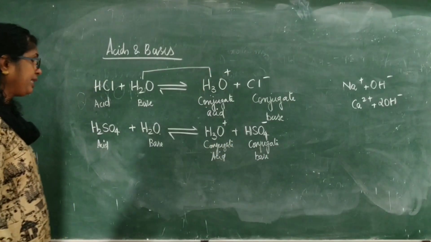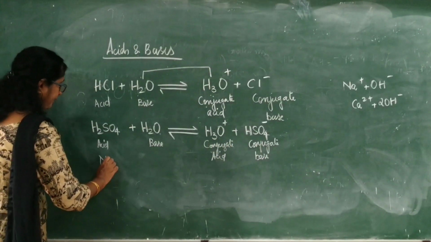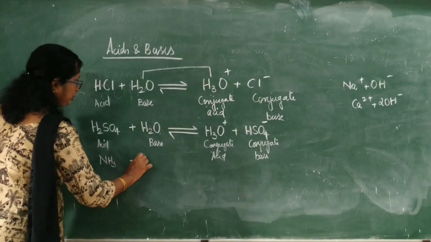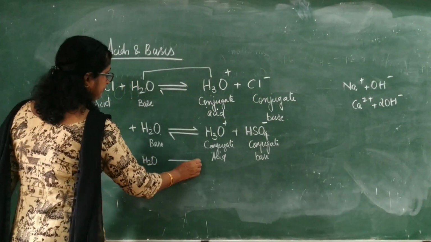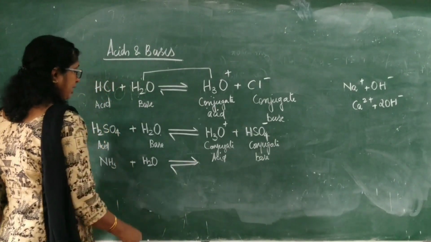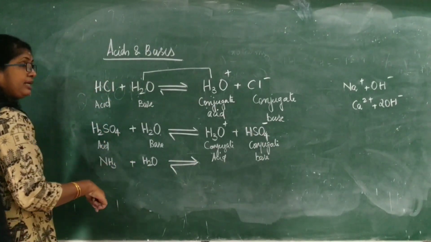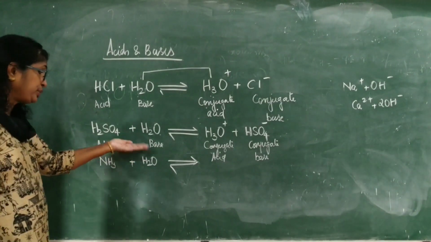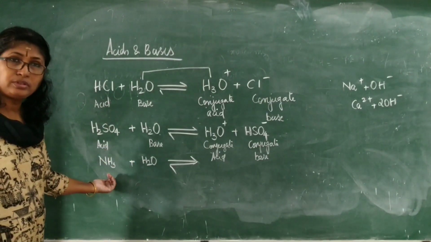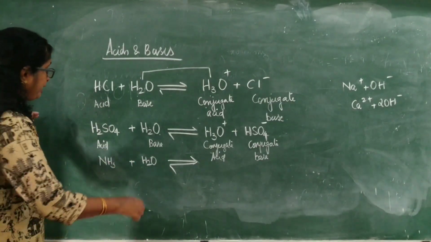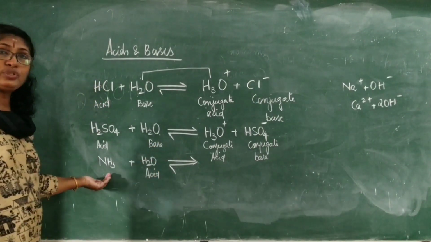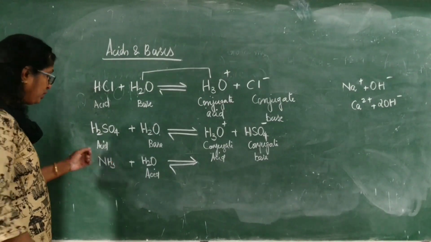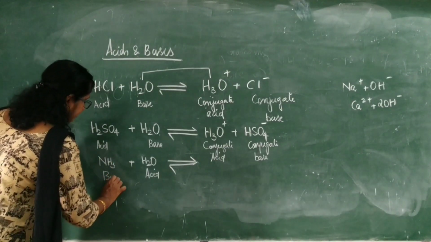Okay. Another example. I will write NH3 plus H2O. Here H2O is going to donate a proton to NH3, so H2O is the acid. Ammonia is going to accept a proton from water, so it is the base.